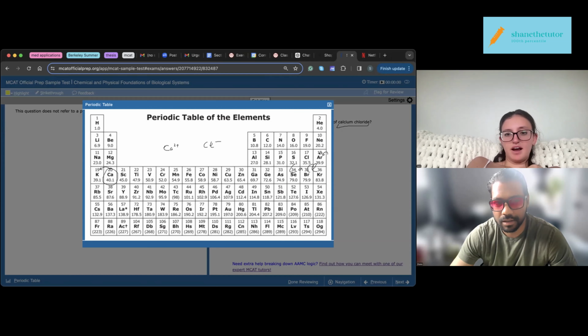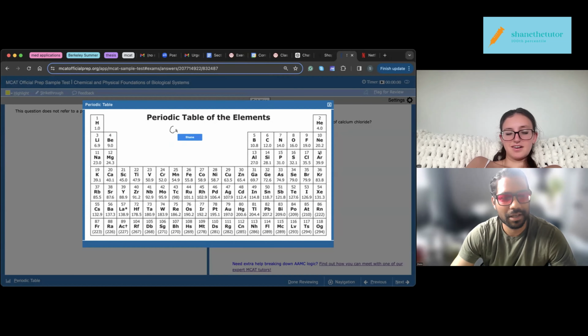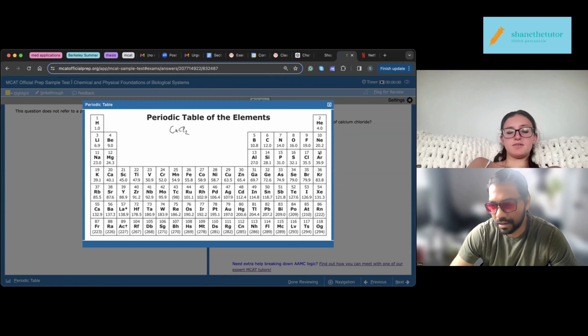CaCl can't exist because it would still have a +1 charge. So what could calcium chloride look like then? An oxide? No, because then you would have -2.